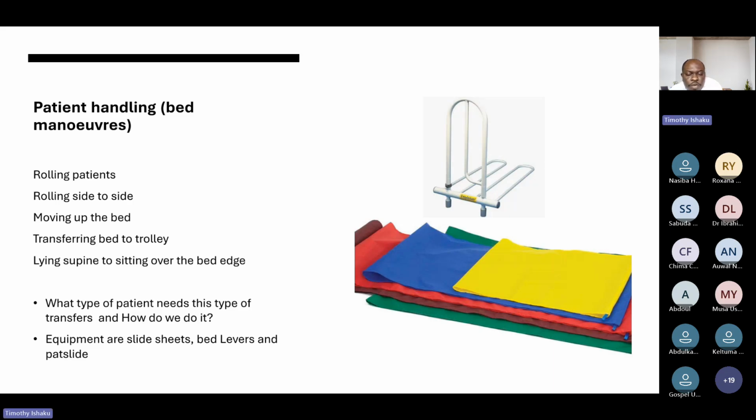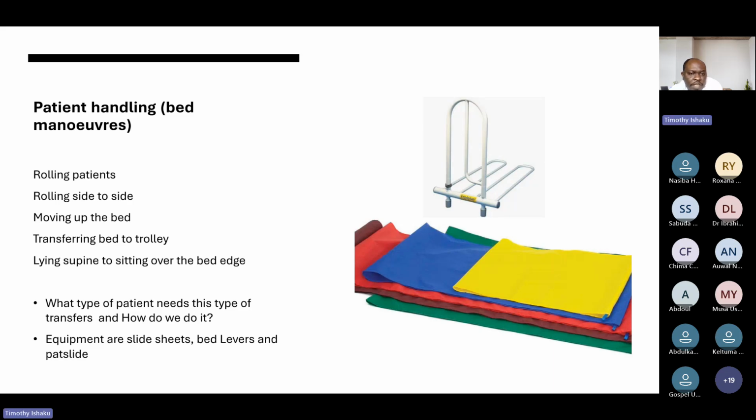and they need to roll, just helping them roll from side to side. Instead of us using our energy to pull them from side to side, is there any way we can enable them to help us move from side to side or move up and down? Now, one of the equipment is the bed lever, which is being shown in the picture.